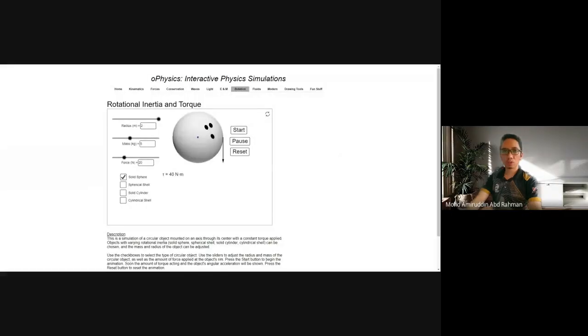The first one is rotational inertia and torque. You just press start to run the simulation.